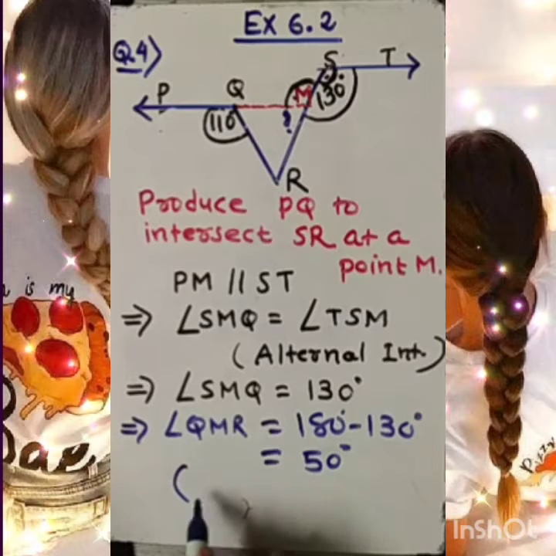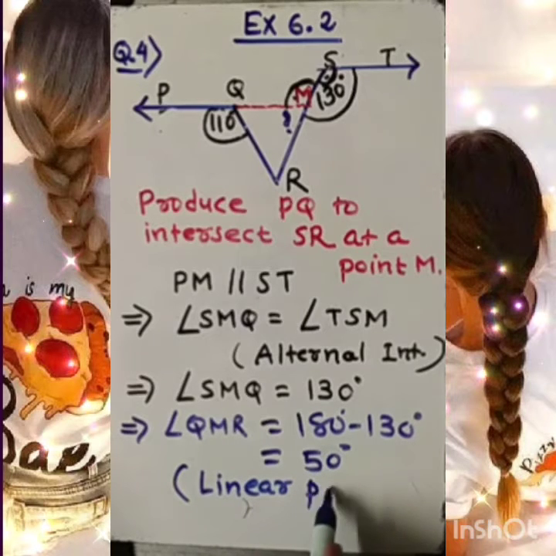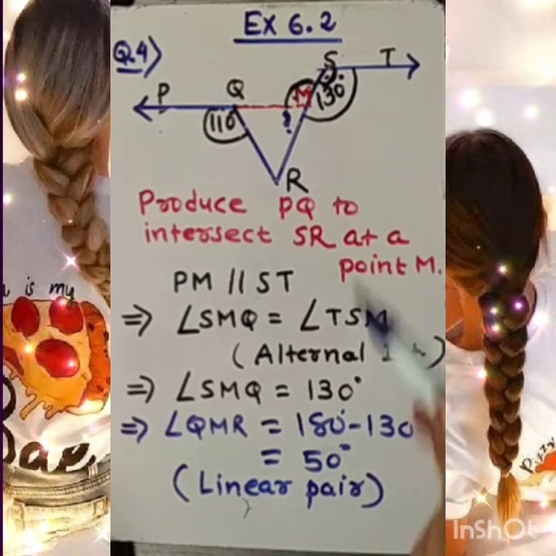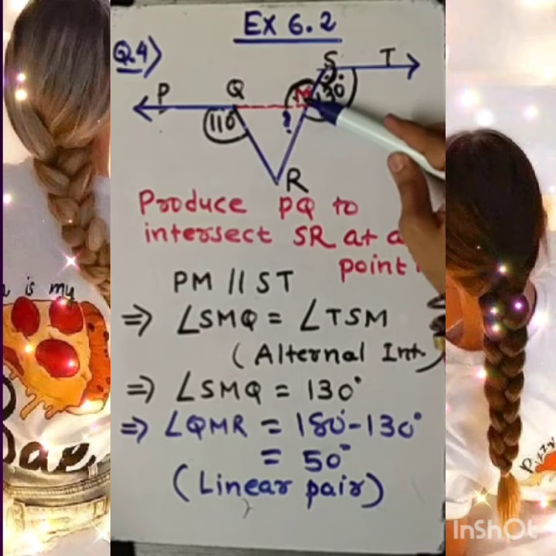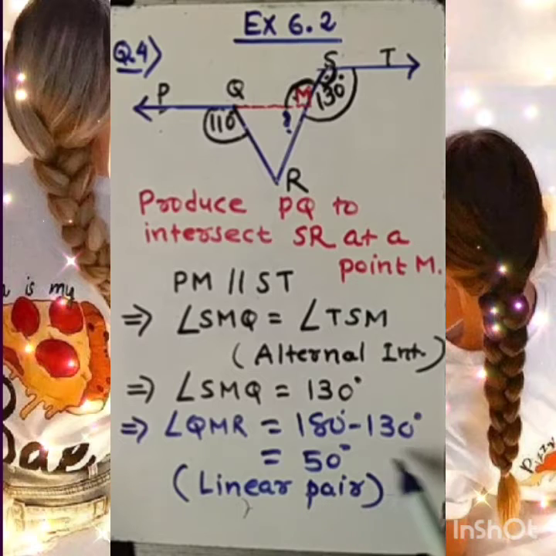By which condition? They both are forming a linear pair. So the sum must be 180 degrees. Means the sum of this angle and this angle must be 180 degrees. They are forming a linear pair. Clear to you? Now, let's see further.